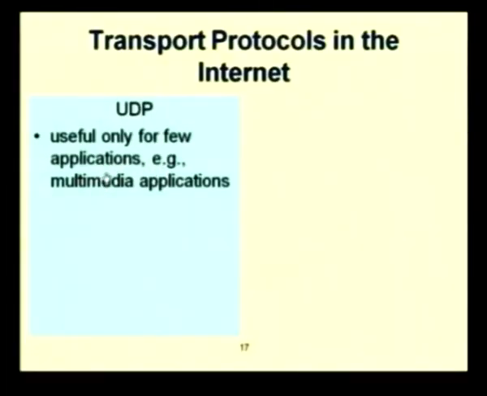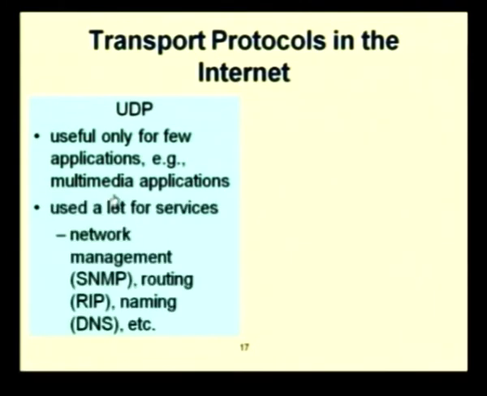Other differences: UDP is useful only for a few applications, for example multimedia applications, where reliability does not matter. It is also used a lot for services, for instance network management, the SNMP protocol, routing, the RIP protocol, and naming, the DNS protocol.